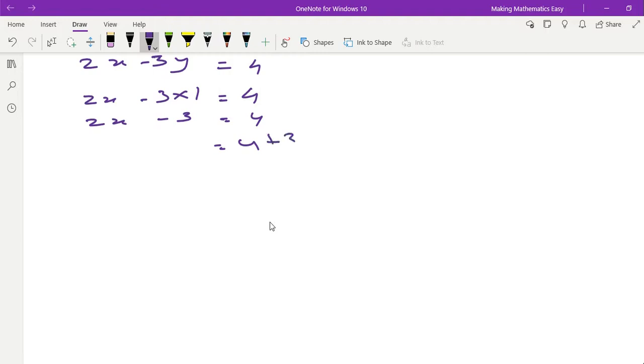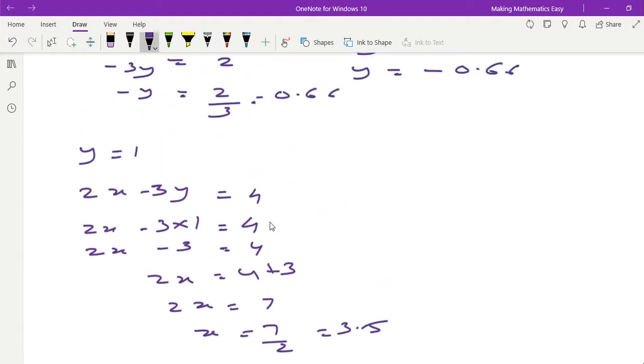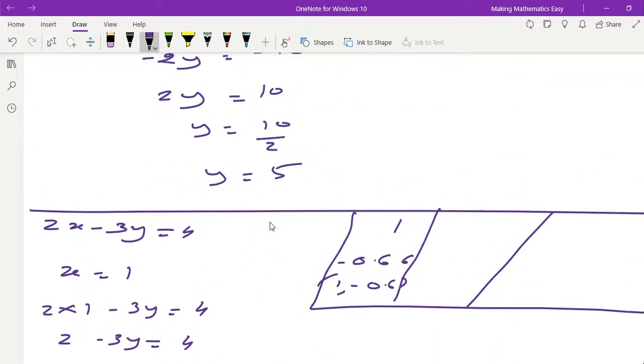When this 3 goes over here, this will become positive. This 2 will be divided. This is 3.5. So 3.5 comma 1.